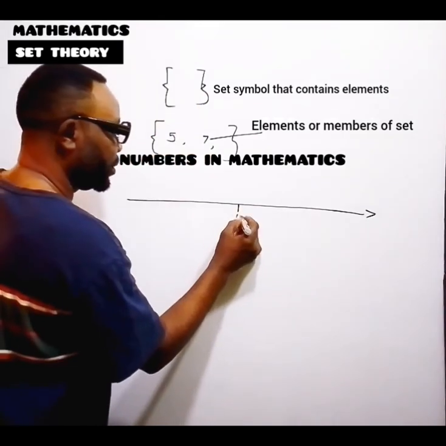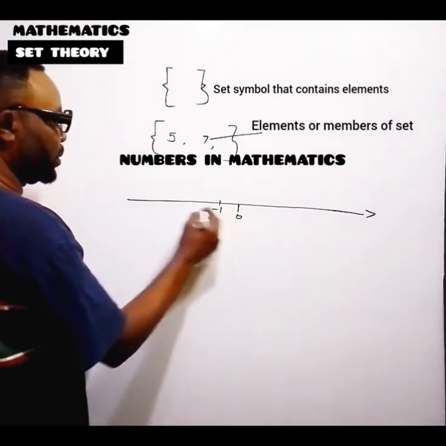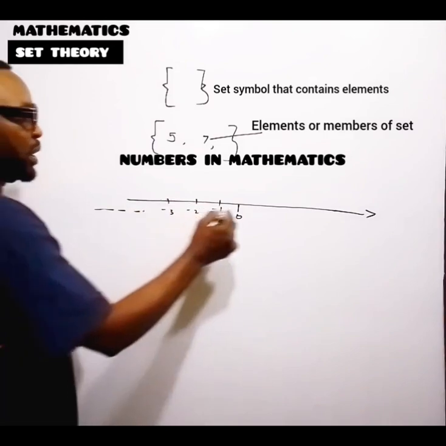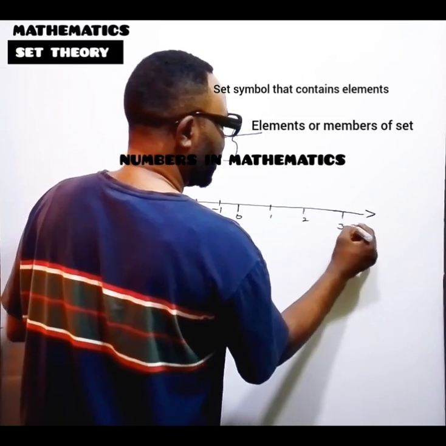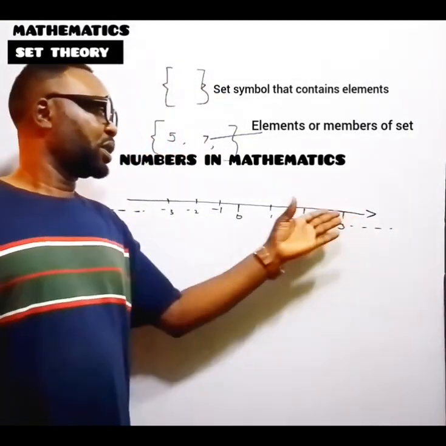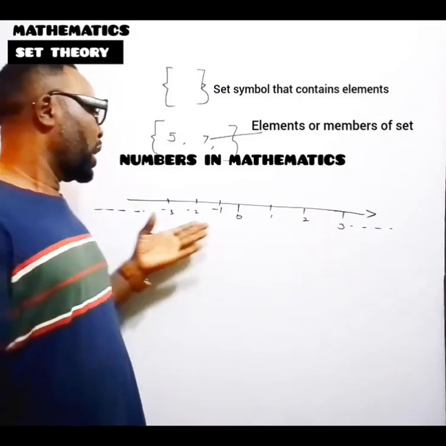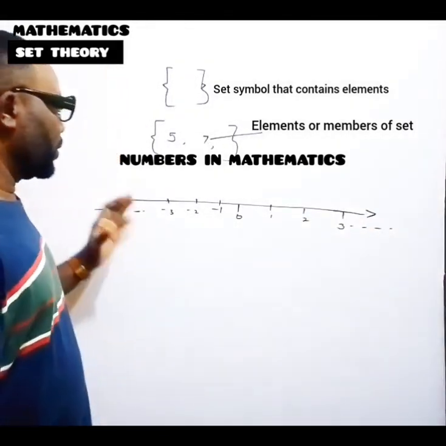This is 0. The negative values will be here: -1, -2, -3, and it goes on like that. This is 1, 2, 3, and it also goes on like that. This arrow shows that these figures are increasing towards the right-hand side.